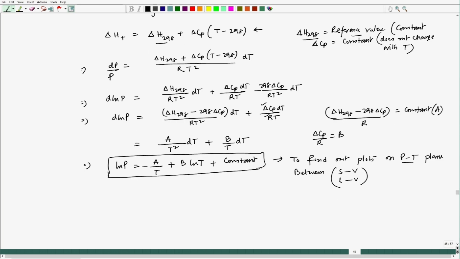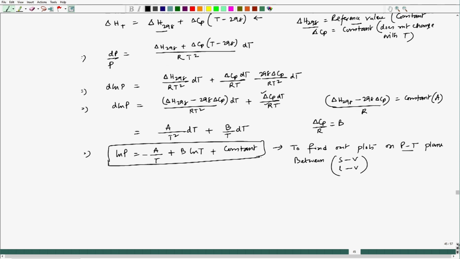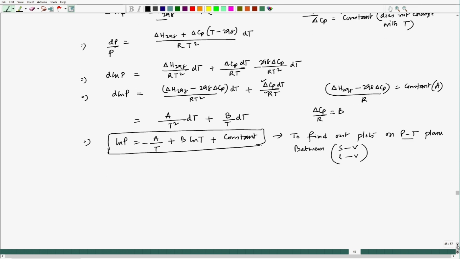One can take those free energy and enthalpy values and delta Cp values, and calculate A and B. All those things can be done during the sessions when we discuss questions and their answers; we can take one example. In fact, this equation for the water system can be plotted.